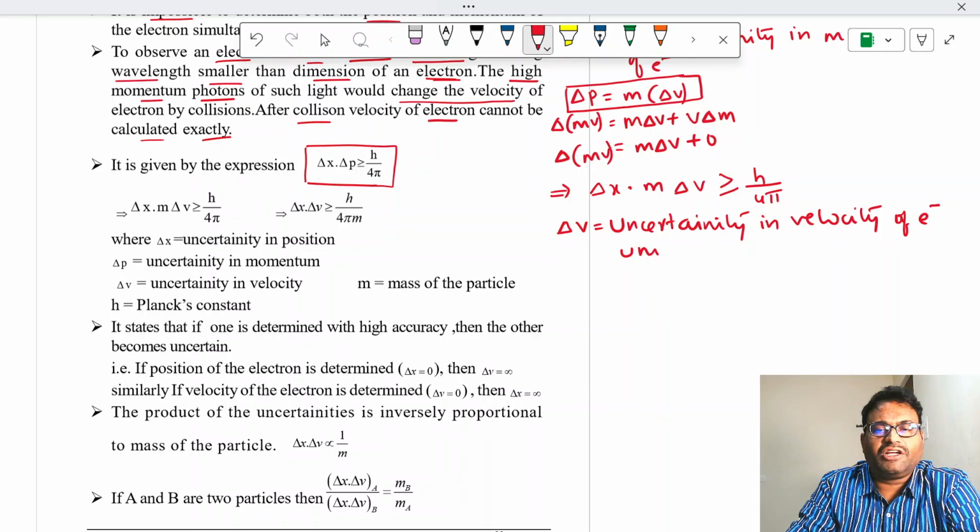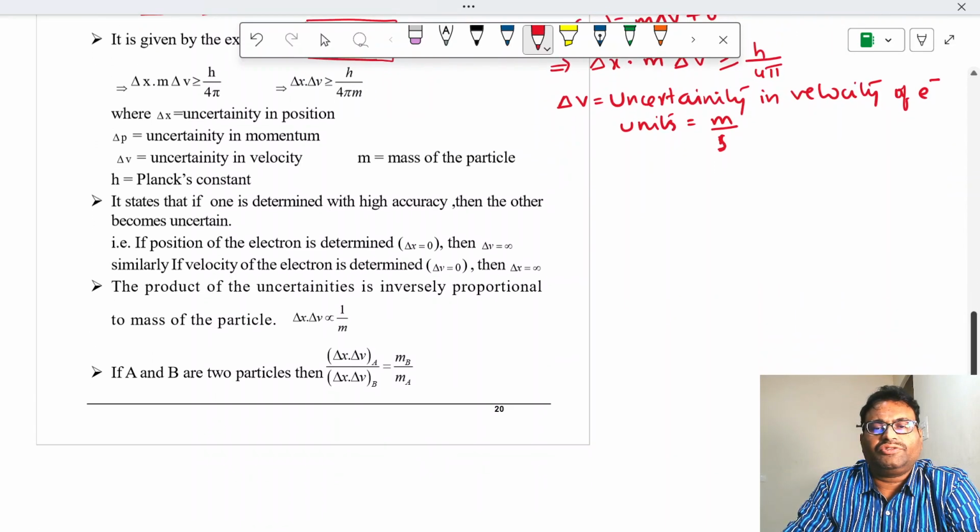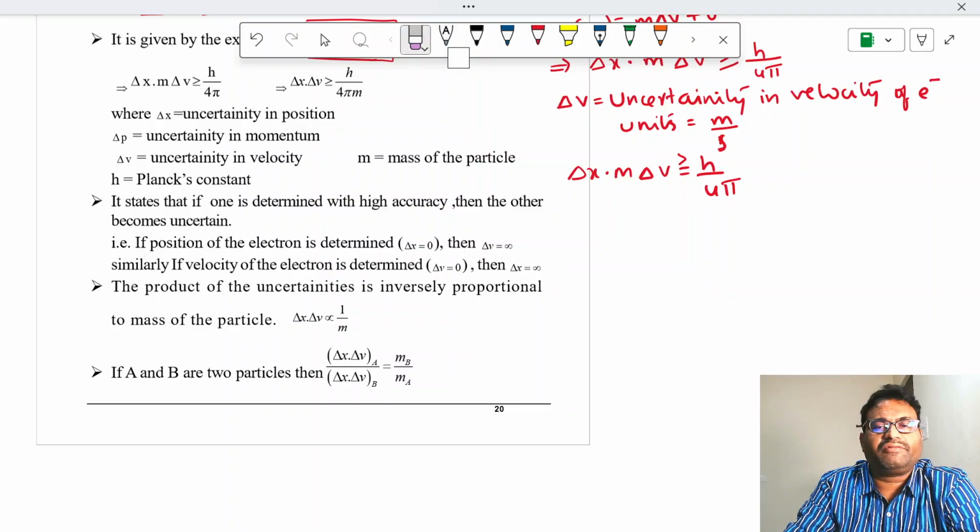What are the units of velocity? Meter per second. So delta x into m into delta v is equal to h by 4 pi. In calculations we use only equality, right?